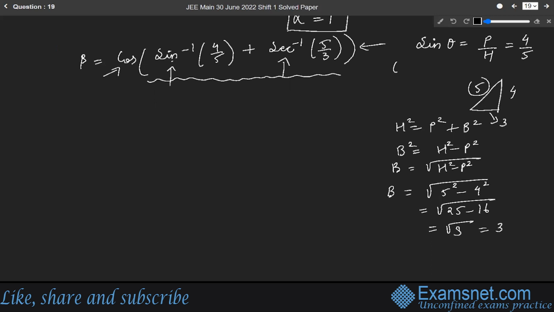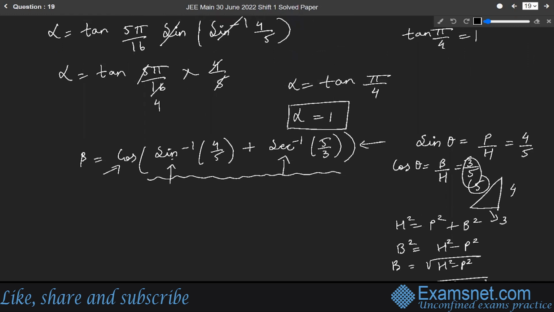Now we can find cos theta. What is cos theta? It is base upon hypotenuse. What is base? 3. Hypotenuse is 5, right? We know that cos theta is base upon hypotenuse. So here cos theta will be equal to 3 by 5. So in the place of sine inverse 4 by 5, we can write cos inverse 3 by 5, right? So beta will be equal to cos of cos inverse 3 by 5.